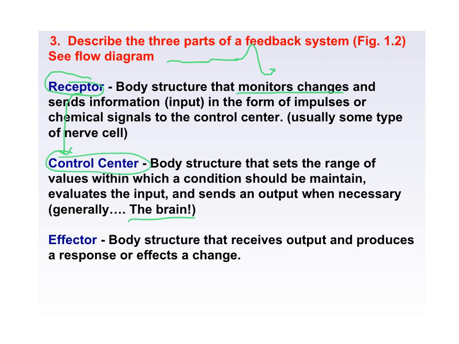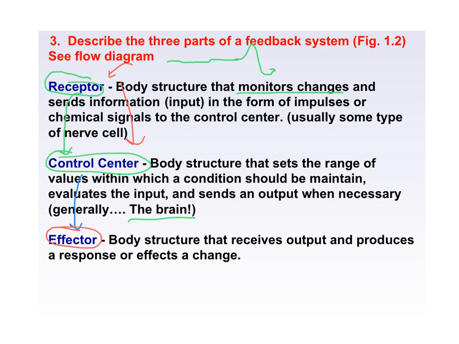It is the control center that decides how to best get the body back into homeostasis. Some stimulus is getting us out of it. Our receptors have detected that. They sent that signal to the control center. The control center decides what to do and sends that signal to the effectors. These are body structures that receive the output from the control center and produce some sort of response that affects a change.